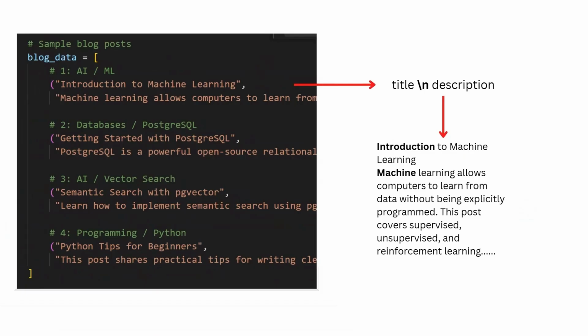To generate vector embeddings, we will concatenate every blog post title and description, and other metadata if available, with the help of the escape character, which is \n. This way, it will form a long string.